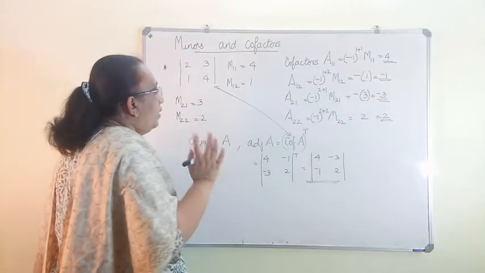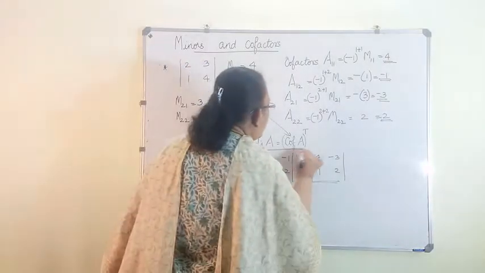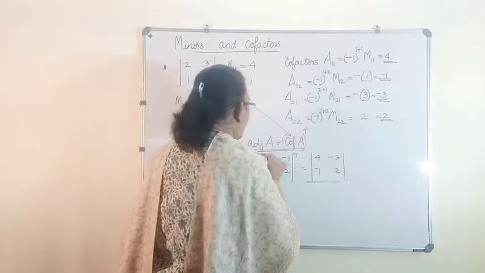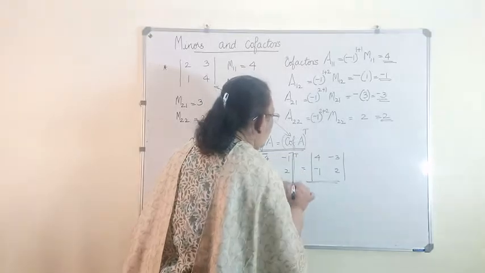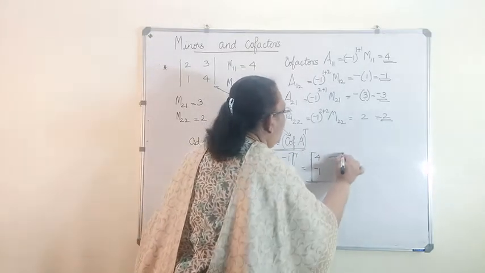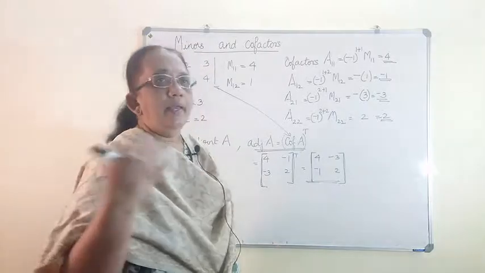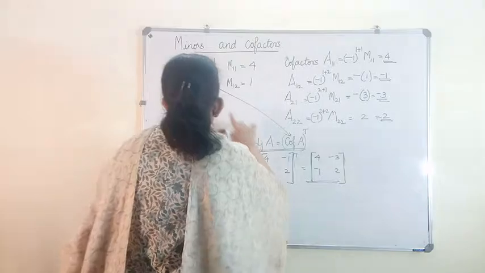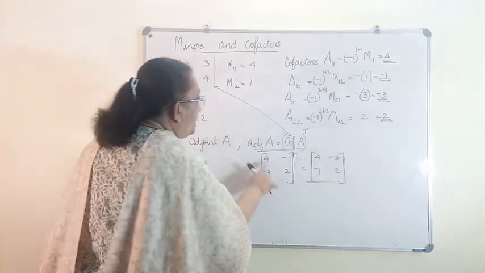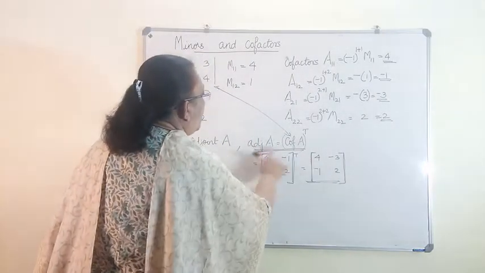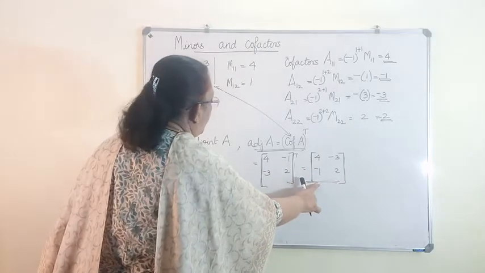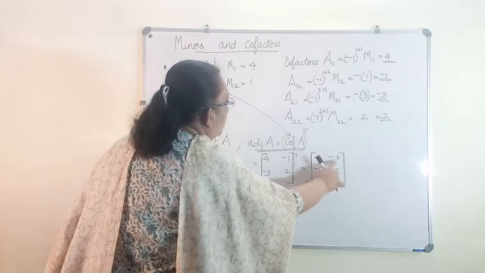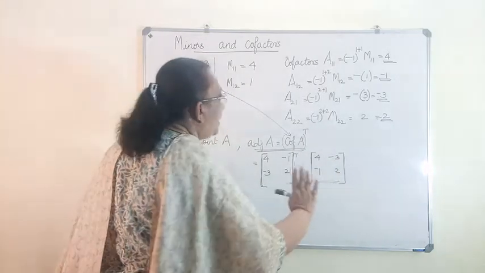So actually the formula is adjoint of a matrix is the cofactor of the matrix A, the whole transpose. So if it is a 2 by 2 determinant, easily we can write the adjoint of the matrix by interchanging A11 and A22, keeping these two as such, and changing the sign.